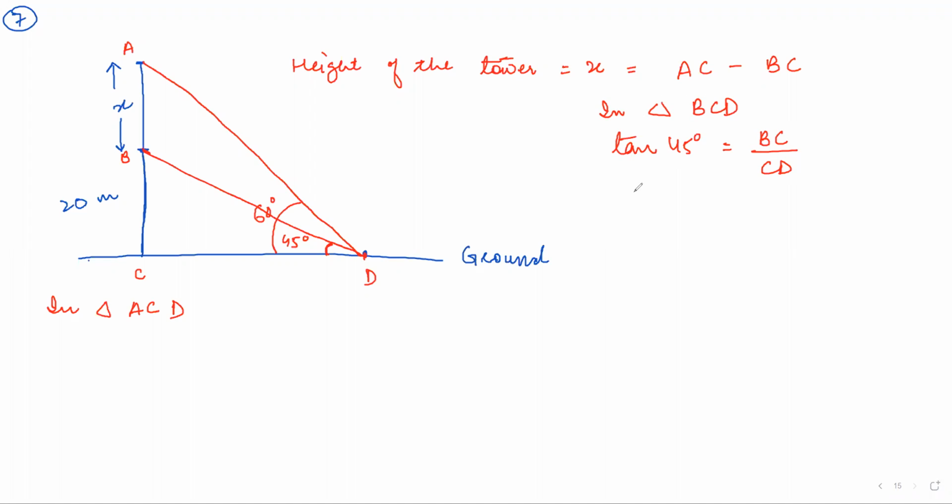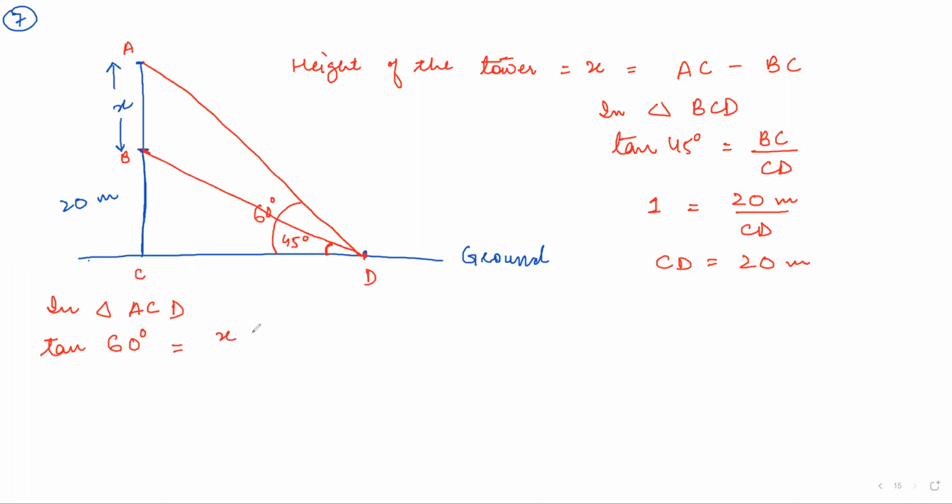So tan 45 is 1. So 1 is equal to BC, which is given as 20 meters, and CD I want to find. So your CD becomes 20 meters. Clear? Now you come to this triangle ACD. Again, I use tan. So tan of 60 this time, the angle is 60.